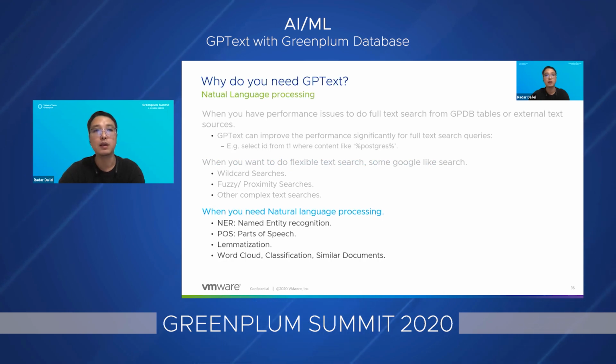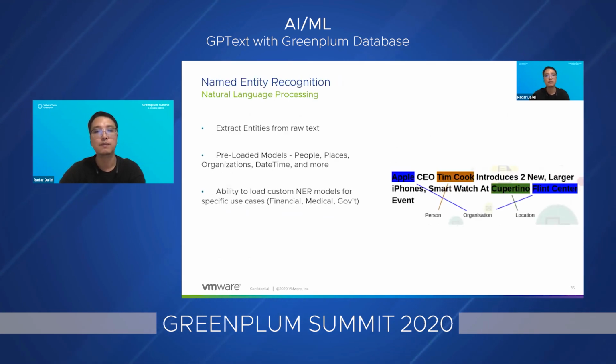The third one is if you want to do some simple NLP features, GPText can help you build them in a short time. Currently, we support named entity recognition, part of speech, lemmatization, document classification, etc. Here is an example of NER.